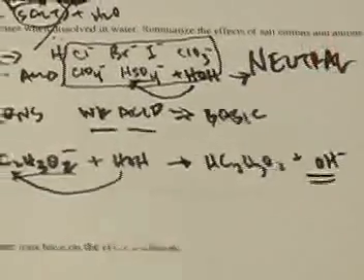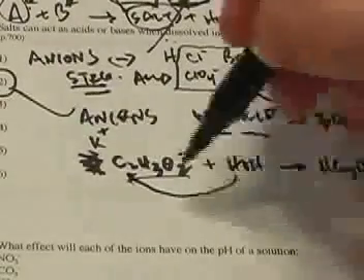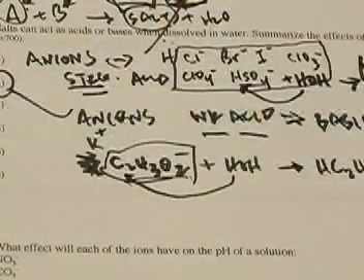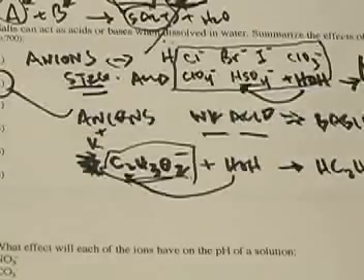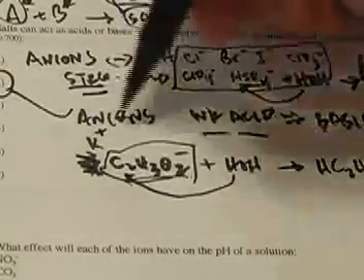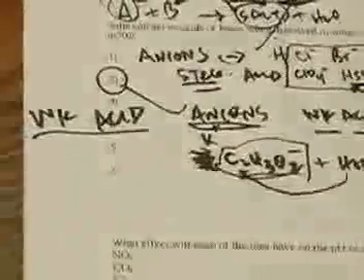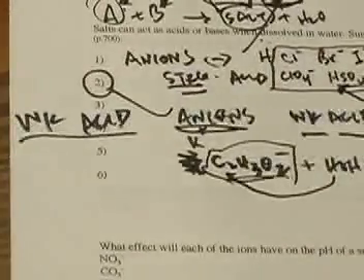The OH minus, of course, means that it's going to act basic. This is going to act as a weak base because it came from a weak acid. So if the anion came from a weak acid, then it's going to act basic.